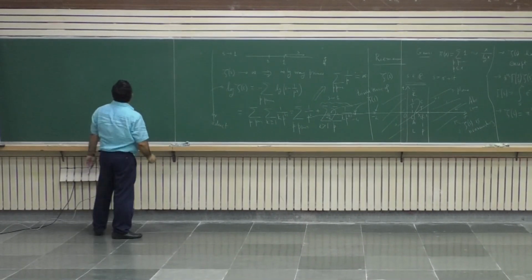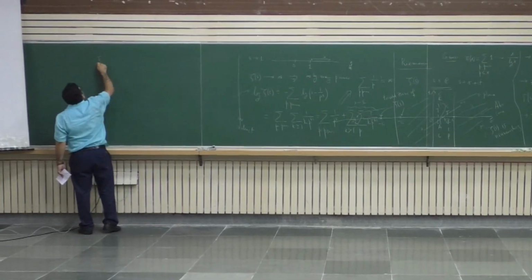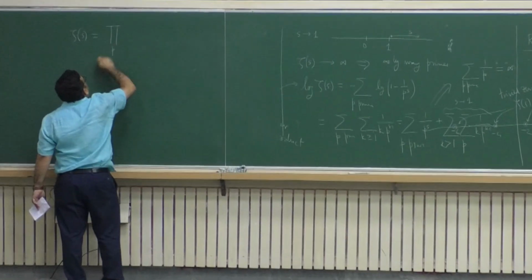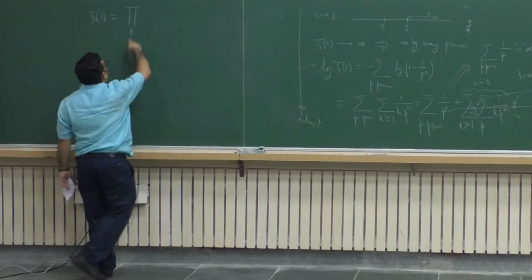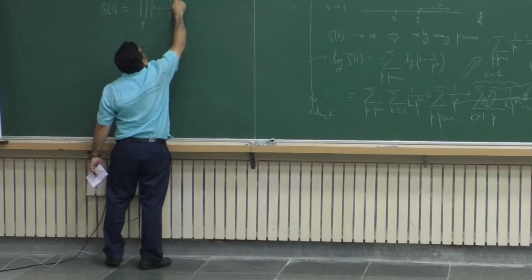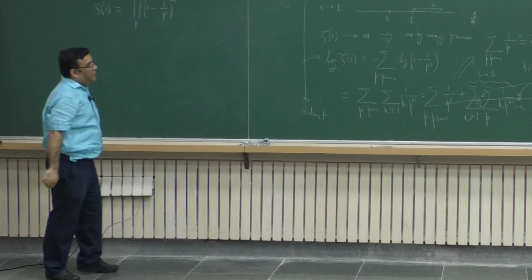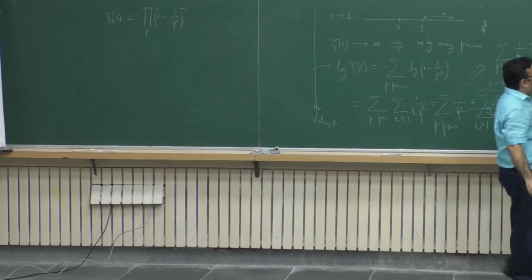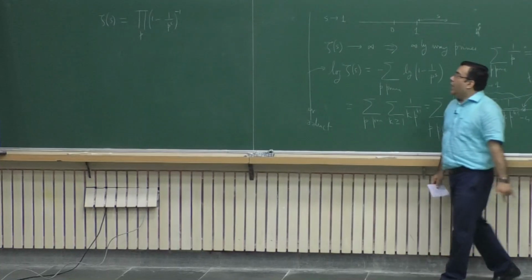That's because we had this zeta s as a product over the primes. So p means prime always. First, this zeta is a nice analytic function from the domain.